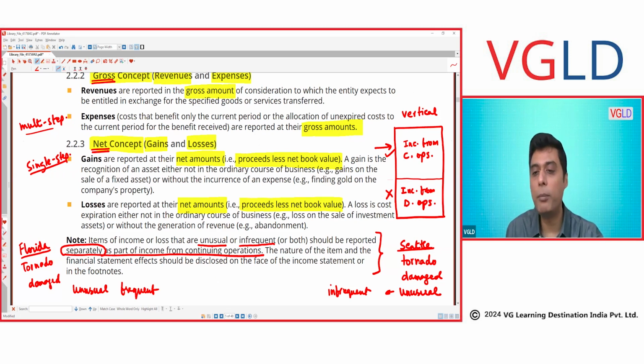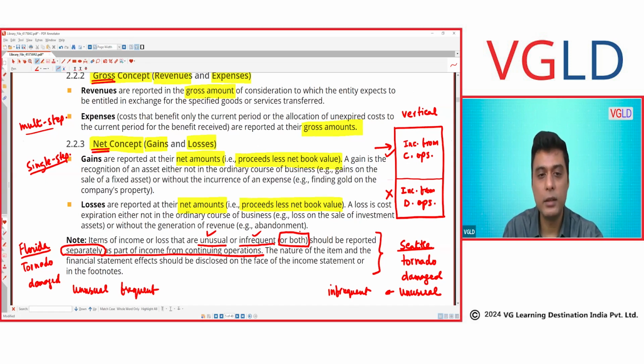But if the tornado happened in Seattle, it is both unusual and infrequent. Whether it is just unusual, just infrequent, or both, doesn't matter. It will go to income from continuing operations in a separate line.